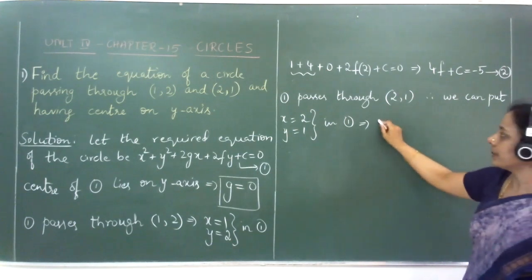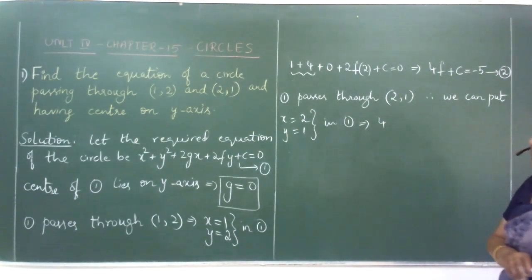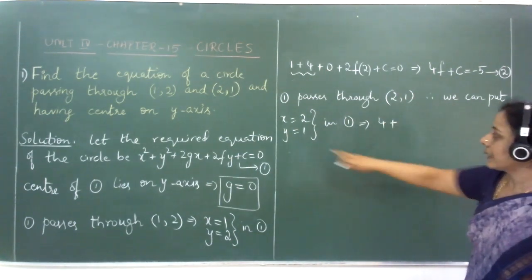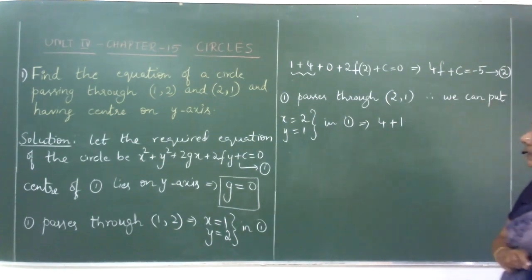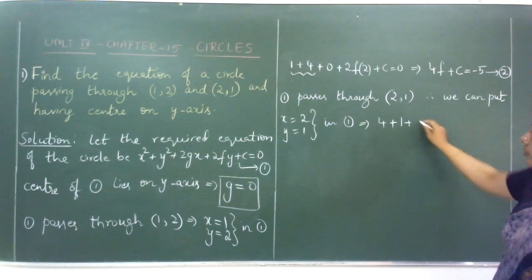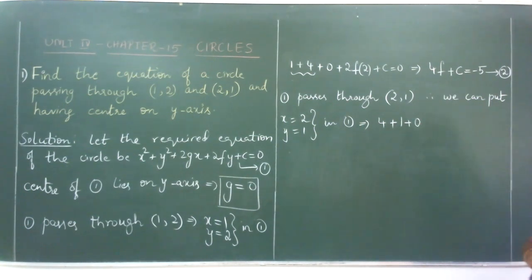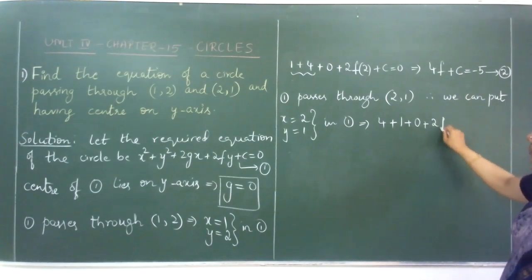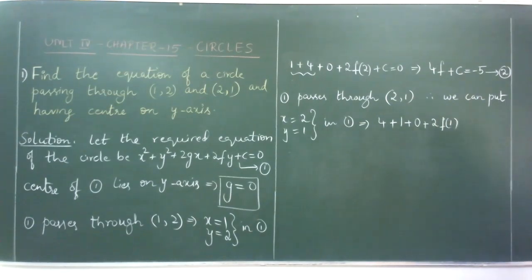I substitute x as 2, x squared will become 4 then, y is equal to 1, 1 squared will become 1 again, plus 2 into g into 2, because g is 0, I will mark 0 here, plus 2 into f into y. Now you have y here as 1, isn't it? Plus c, which is equal to 0.